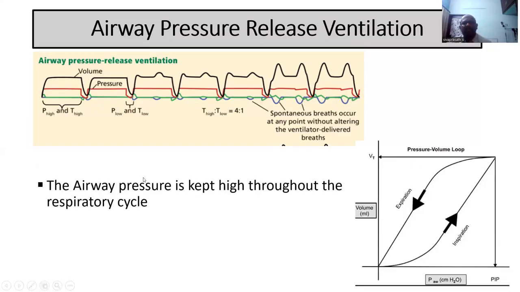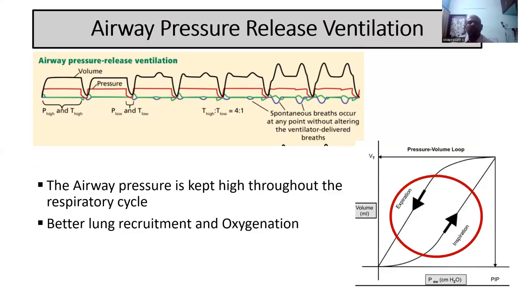The airway pressure is kept high throughout the respiratory cycle so that the alveoli remain open, and it gives better oxygenation. And by using APRV, you will always stay in the safe zone, that is the place of maximum compliance. You also know that ventilator-induced lung injury happens because of constant deflation and high inflation.